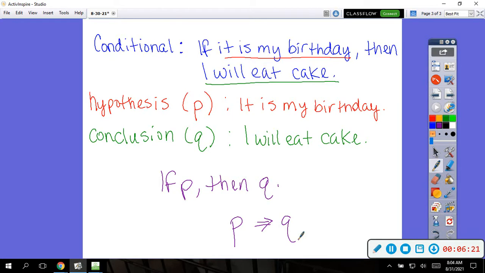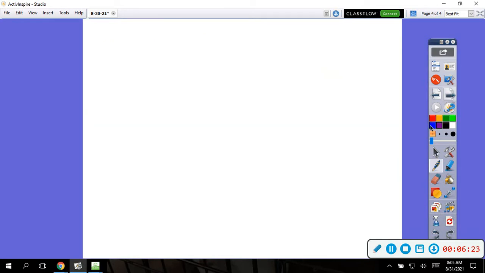All right. So a converse. I'm going to write the sentence first and then we'll define it. So if I take that same sentence I just used, but I switch my hypothesis and my conclusion, what would my sentence be? The sentence we just wrote, but if I switch the if and then part.